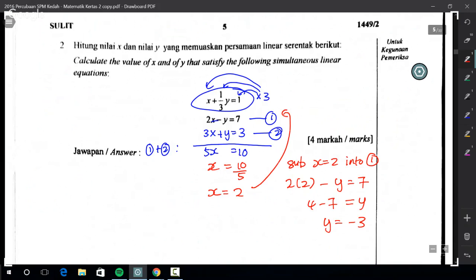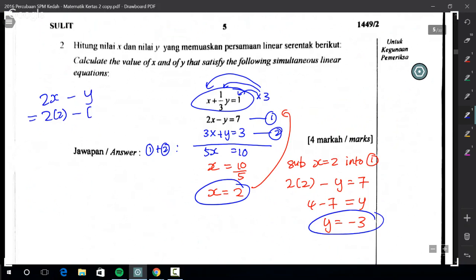All right, this is very easy, but something I want to mention here is, even though this one is very easy, you always need to check whether your answer is correct or not. This is something I would say is very important. How do we check our answer? It's very easy. If you have x equals to 2 and y equals to -3, you can substitute into any equation you have. Let's say I have 2x minus y. I substitute my x is 2, minus my y is -3.